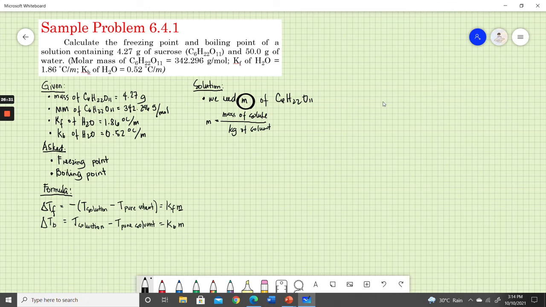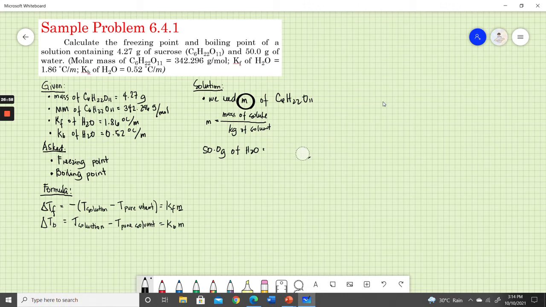So let's begin by first changing the grams of our solvent. So they gave us 50 grams of H2O, which is our solvent, which is actually equal to 0.050 kilogram of H2O. So just unit conversion.